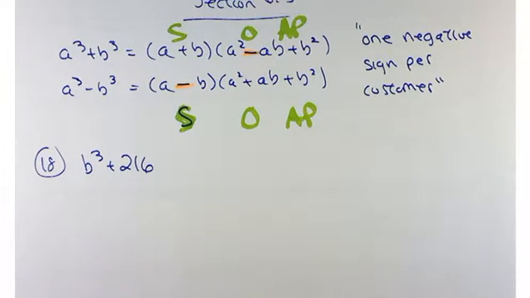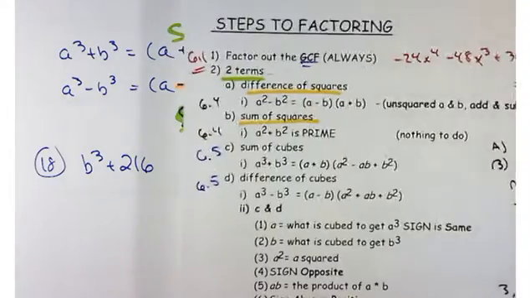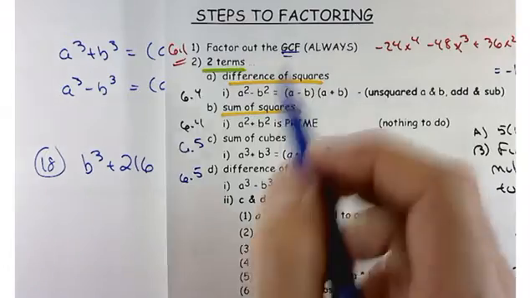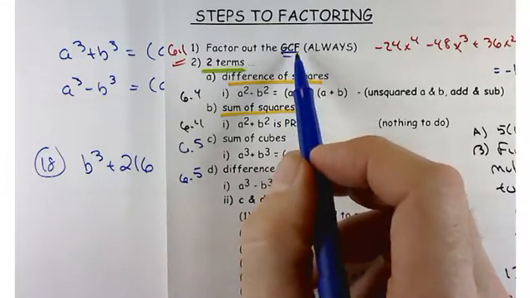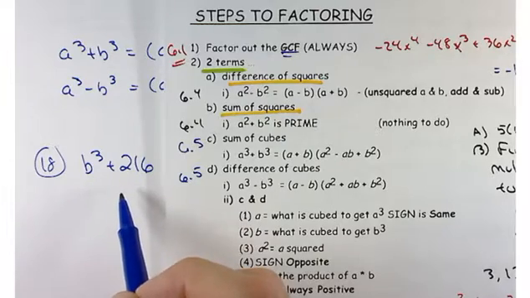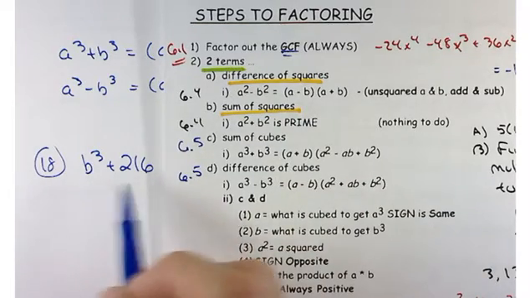Well, if you're given something like this to factor, start by looking at your sheet and look for a GCF. Is there a GCF here? No, there's no GCF. Then you say, all right, there's two terms.